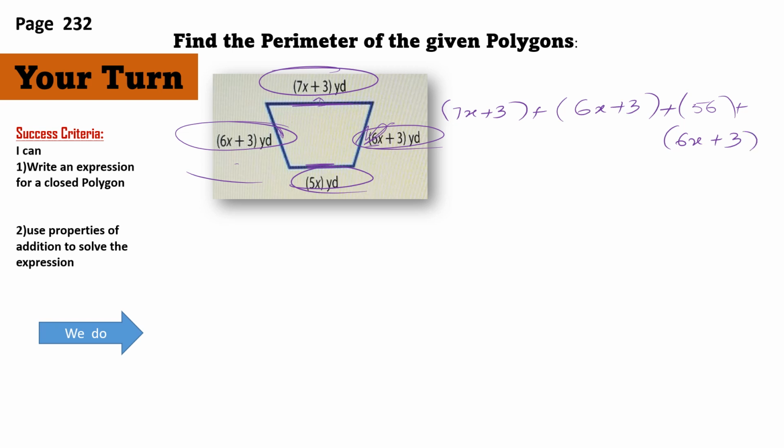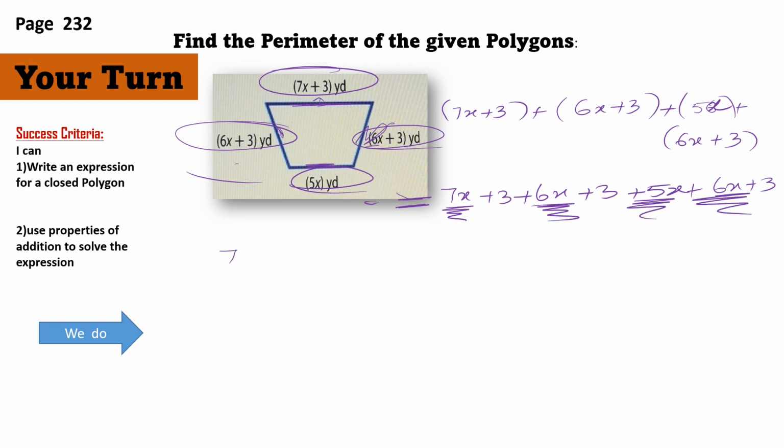Now open the bracket, okay? Open the bracket means write everything without the bracket. So I write 7x plus 3 plus 6x plus 3 plus 5x plus 6x plus 3. After doing this, what will I do? I will write all the x together: 7x, 6x, 5x, 6x together. So 7x plus 6x plus 5x plus 6x.